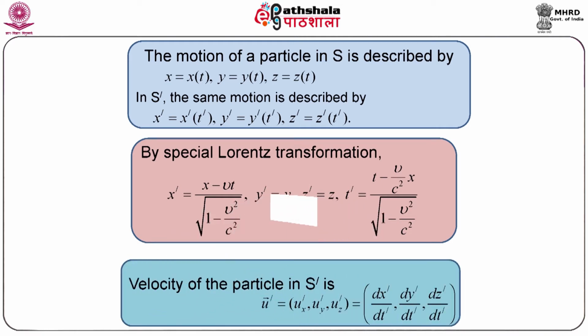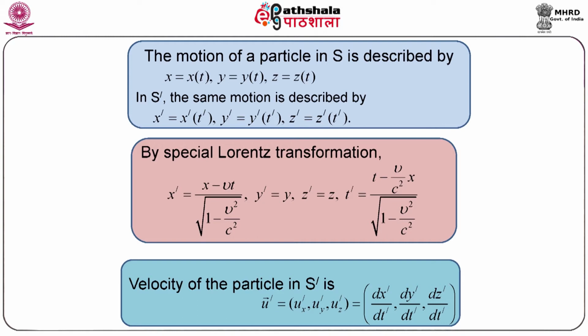Velocity of the particle in S dash is u dash vector. If u dash suffix x, u dash suffix y, u dash suffix z are the components of velocity u dash vector along the x dash axis, y dash axis, z dash axis respectively, then we know that u dash x is d/dt dash operated on x dash.